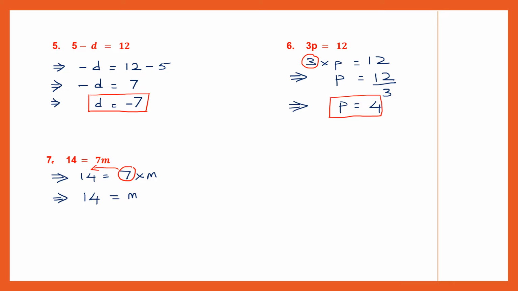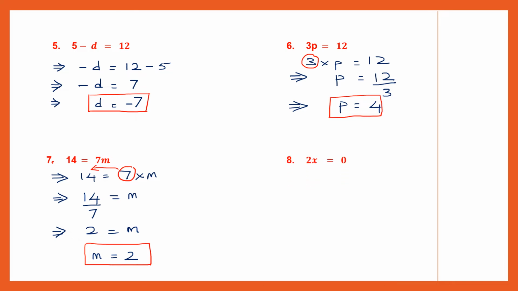Because it is multiplication there, here it becomes division. So 14 by 7 is 2, which is the value of m. So we found the answer. M is equal to 2.